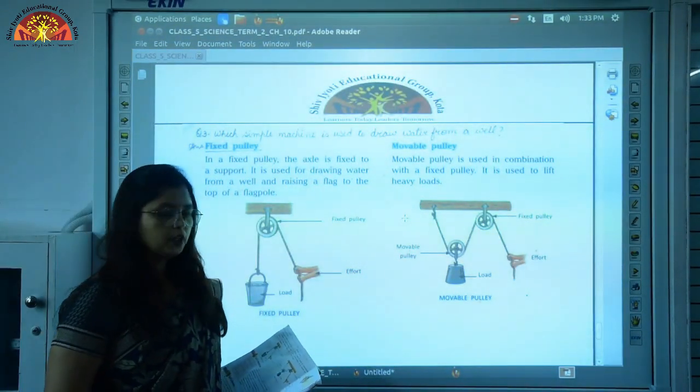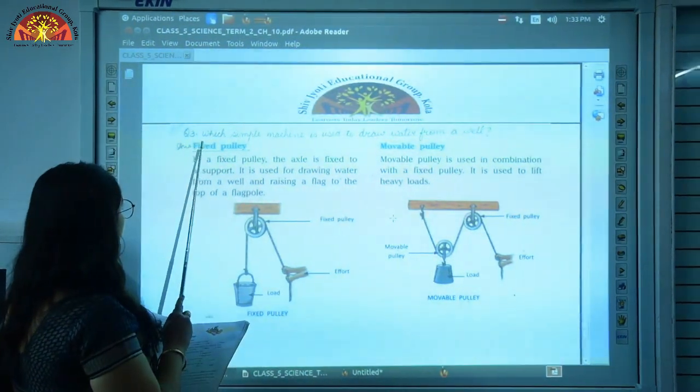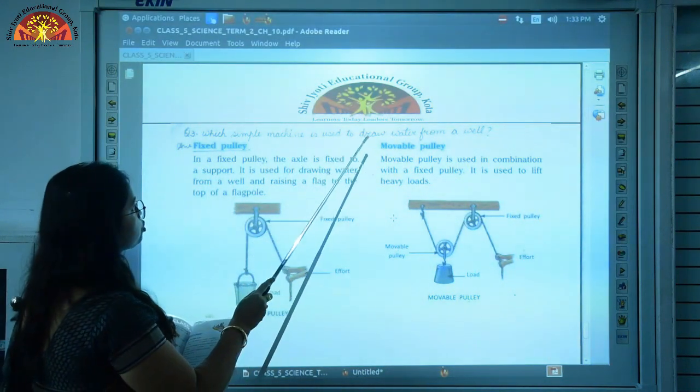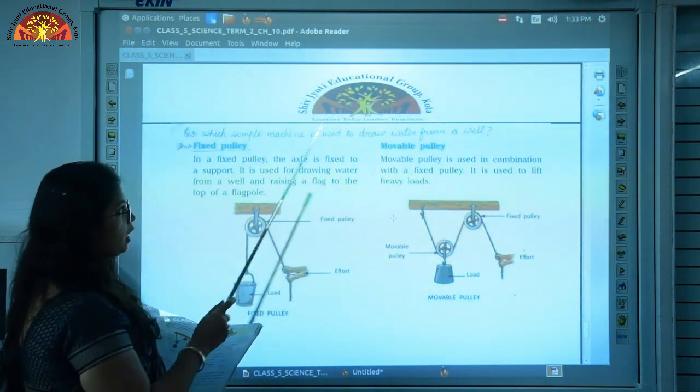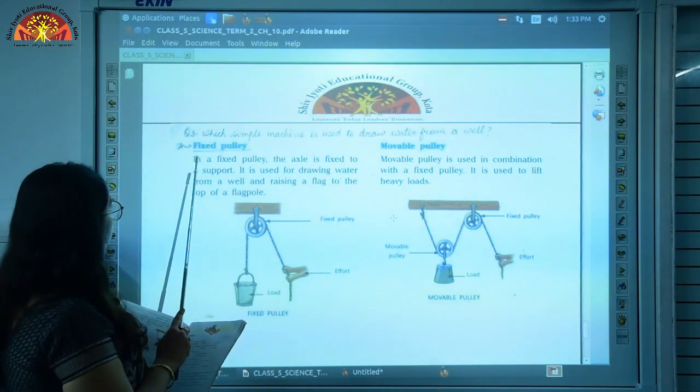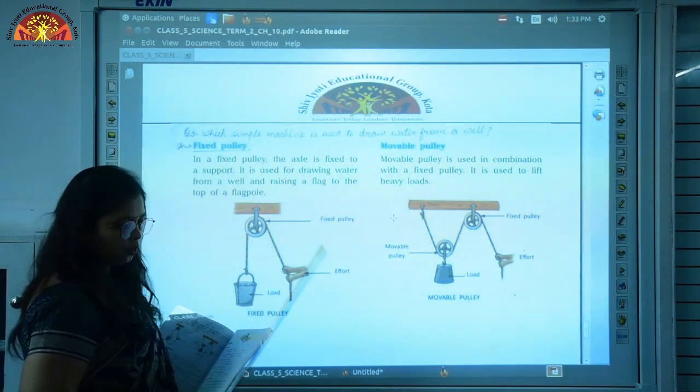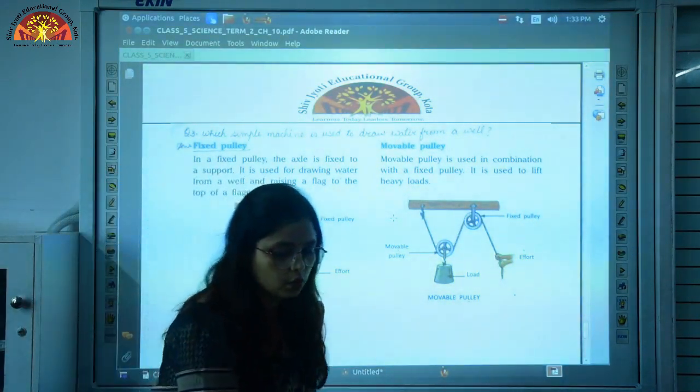So, the internal question here is question number 3, which simple machine is used to draw water from a well? And you have to write this question over this paragraph of fixed pulley. Okay. So, let us write down this question, children.